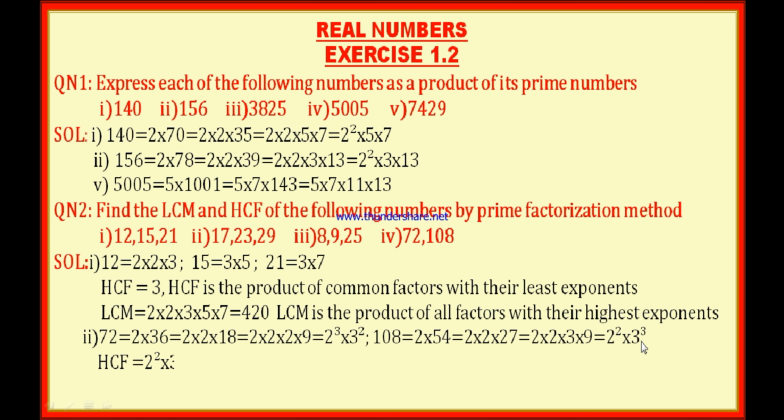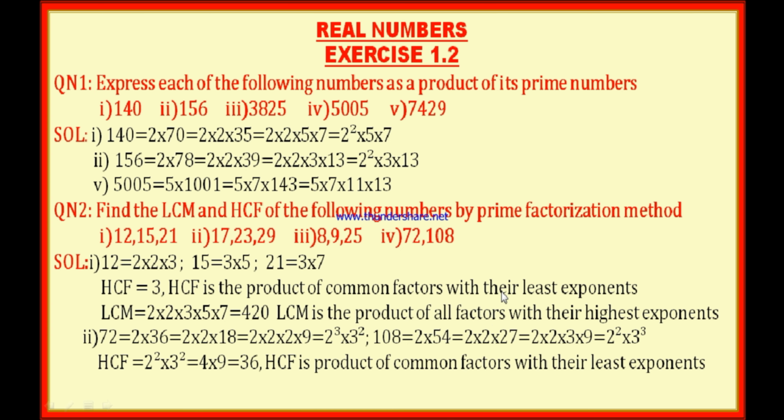And let us find HCF. HCF is the product of common factors with least exponents. Now you observe the factors of 72 and 108. Here 72 has factors 2 and 3. Here also 108 has factors 2 and 3. Therefore the common factors are 2 and 3. Next, least exponents.